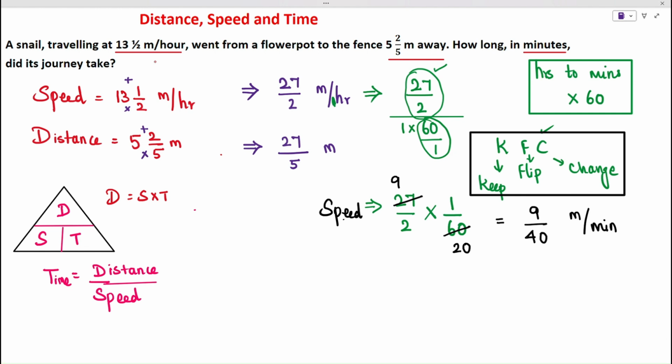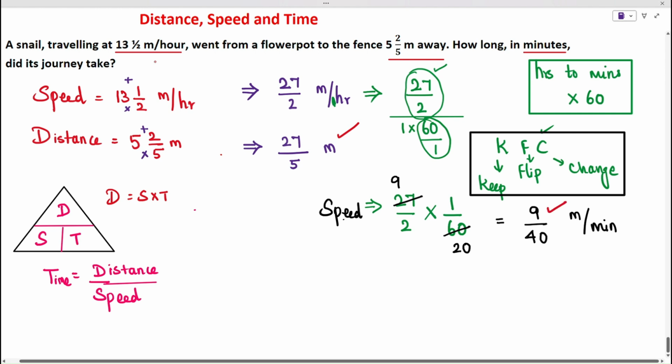So we have our equation for time, which is time is equal to distance divided by speed. And we can immediately substitute our values because both our distance and our speed have part of their units in meters. And our speed now has minutes as part of its units as well, which the question requires of us.